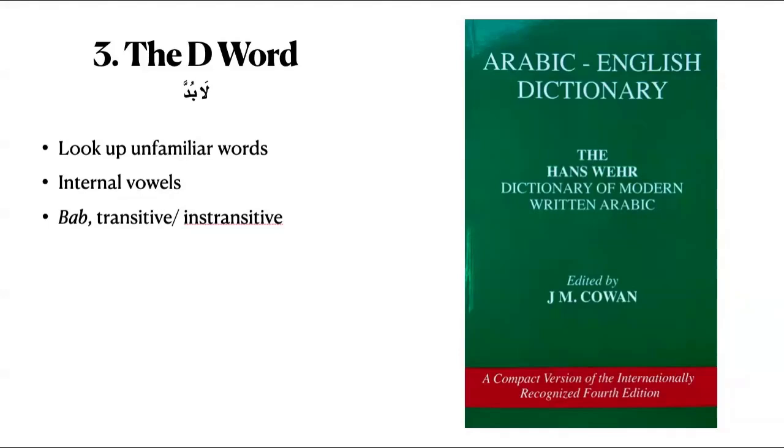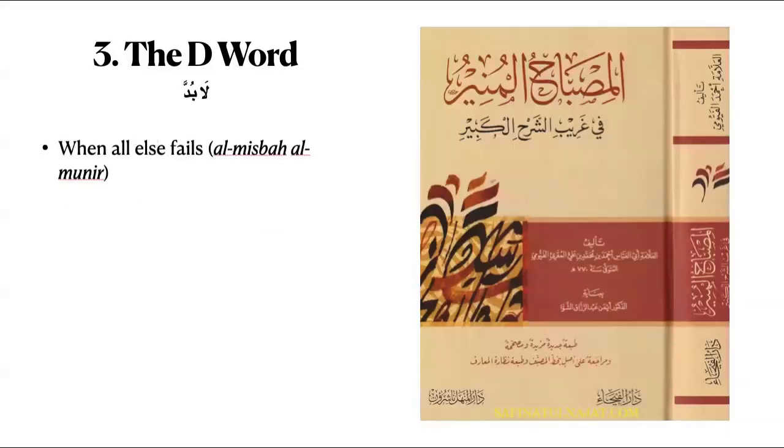So this is indispensable. So as you read classical text, we're talking about unvocalized text, you're going to come across words that are not in Hansberry, right? And that's when you would go to an Arabic to Arabic dictionary.